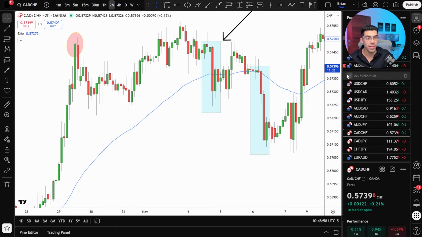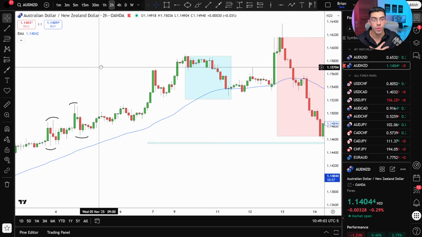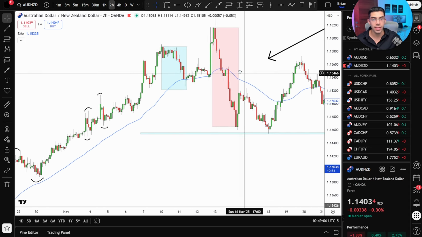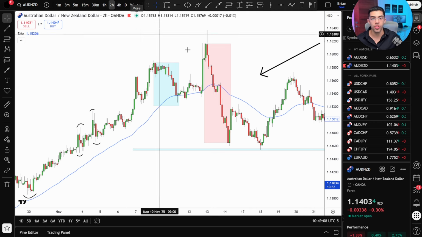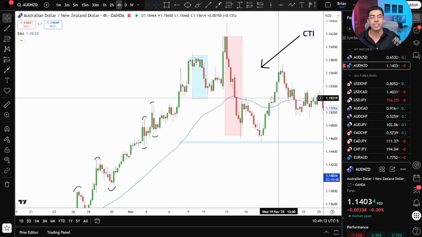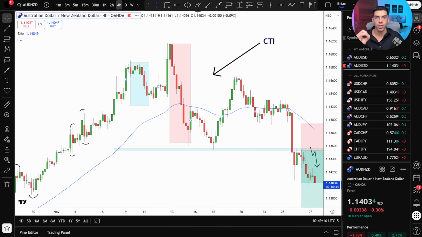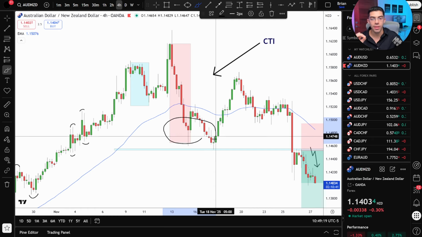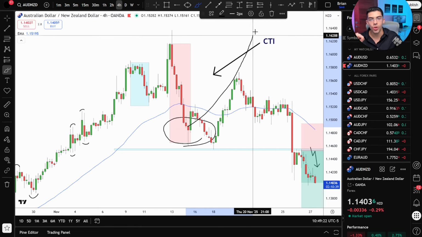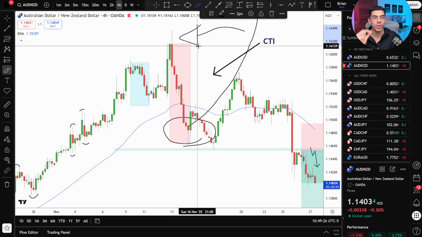Going back to AUD/NZD, actually this is a market that I'm actively trading right now. I'm gonna show you how I got to my trade. This is very easy to spot right here because there's no way a bullish market, even if I go up into the 4-hour time frame, is supposed to pull back this far to then continue bullish. The probability, if you enter a buy here, that the market is going to go above this initial bullish move is extremely low.